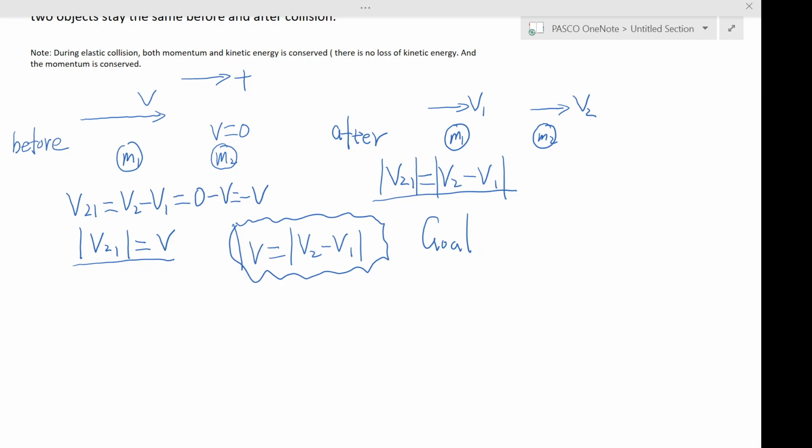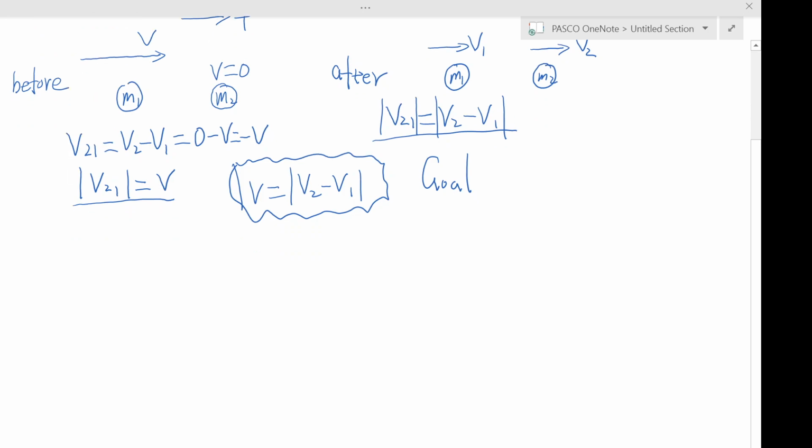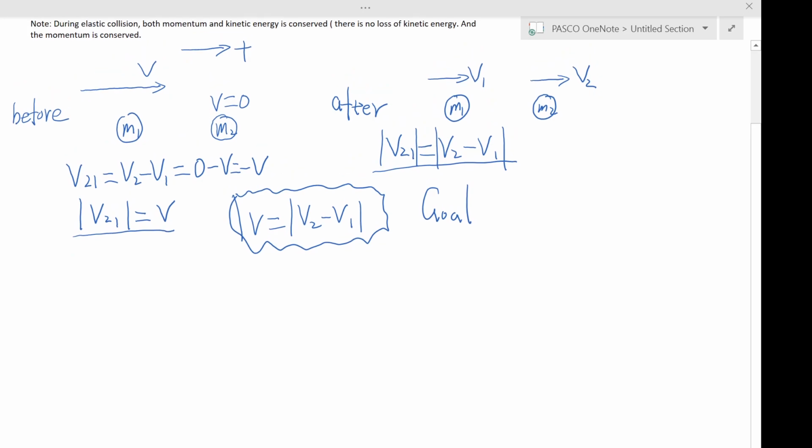Okay. So I'm gonna start to build my equations with conservation of momentum and conservation of kinetic energy. I can build two equations. First of all, conservation of momentum: initial momentum m1v equals final momentum m1v1 plus m2v2.